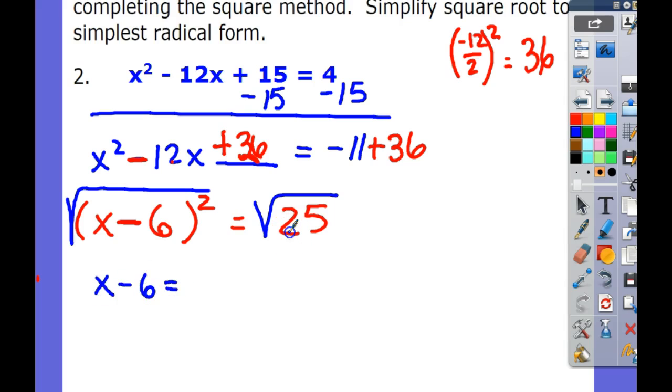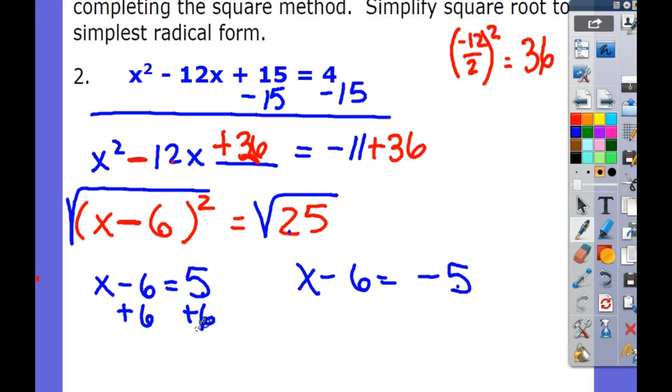What is the square root of 25? Or negative 5. There's two answers. The square root is positive 5, or the square root is negative 5. And so then I solve it and get two answers.